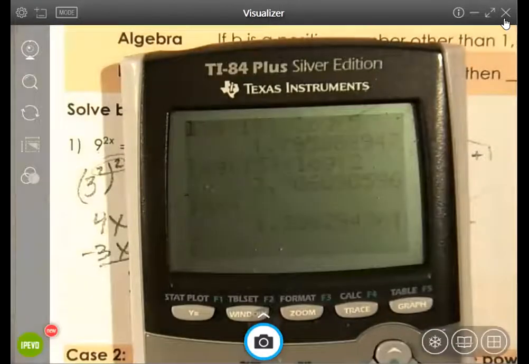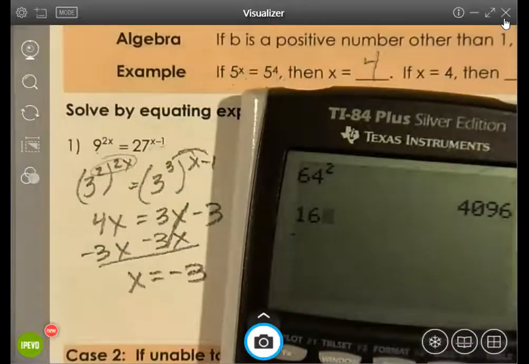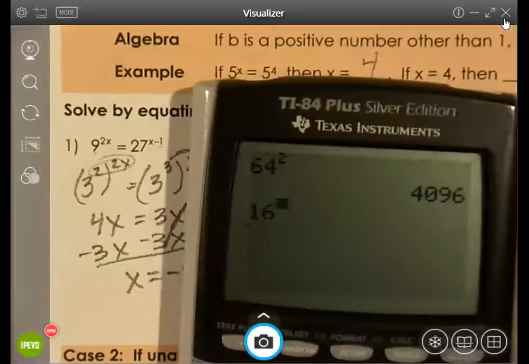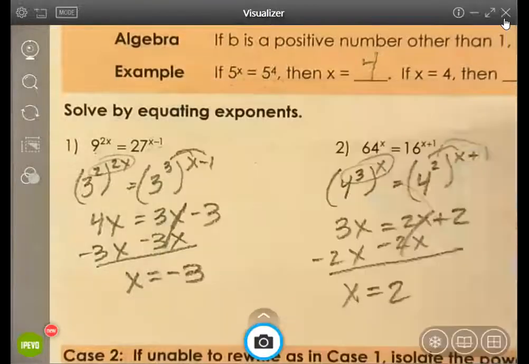See how that works. 64 to the 2nd power and 16 to the power of 2 plus 1, and those are going to be equal to each other. Love it when a plan comes together.